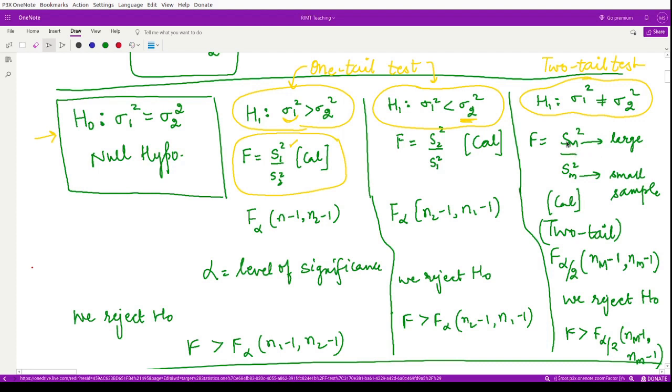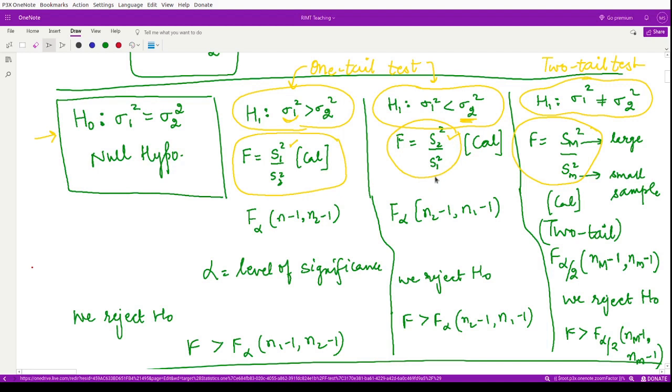The larger variance is denoted by capital S_M square, and the smaller variance is denoted by small s_m square, right? So in this case we calculate the value of F like this.